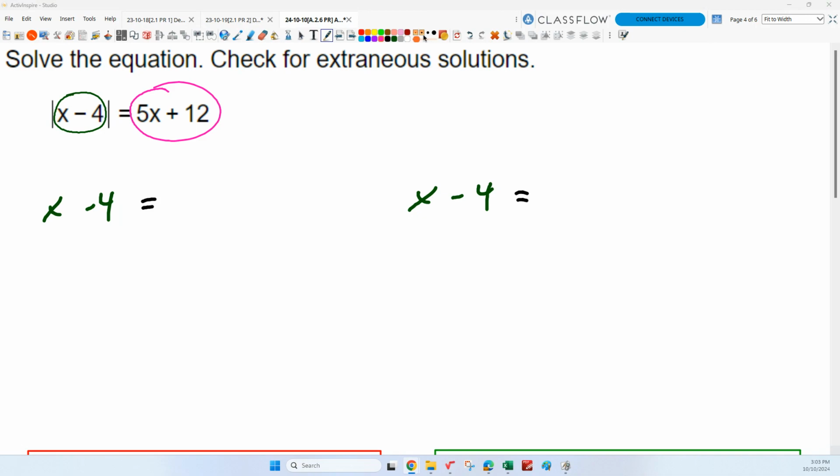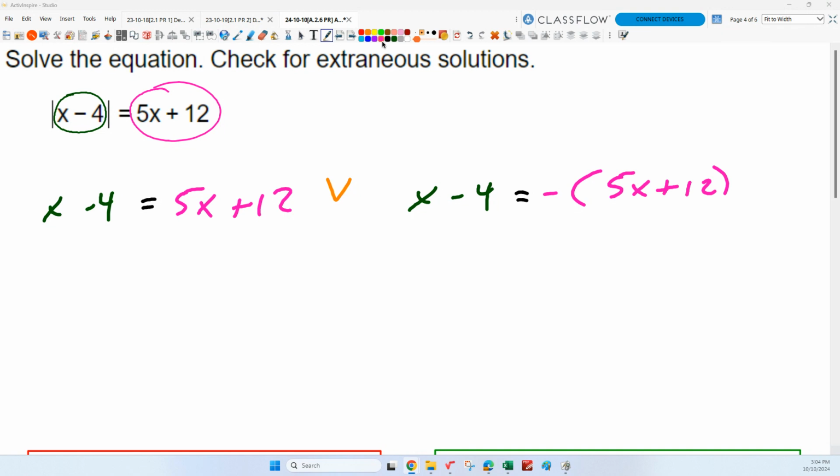So it's either going to equal positive 5x plus 12, or it's going to equal negative the right side, negative the quantity 5x plus 12. Everybody, doesn't that make sense? Those would be the two equations we would split this into, based on the patterns we've been following. Okay, so let's solve these.